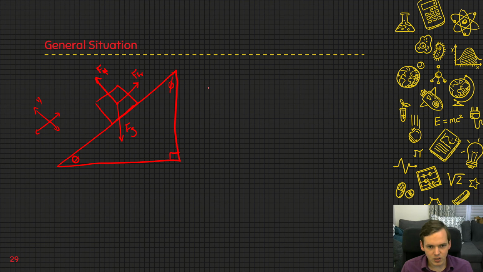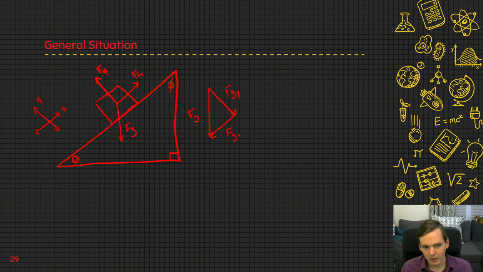If Fg comes straight down like this, then the parallel component is more or less like that, and the perpendicular component is like that. That looks better. So we'll call this Fgx, because it's kind of our x direction, and we'll call this Fgy because it's kind of in our y direction.